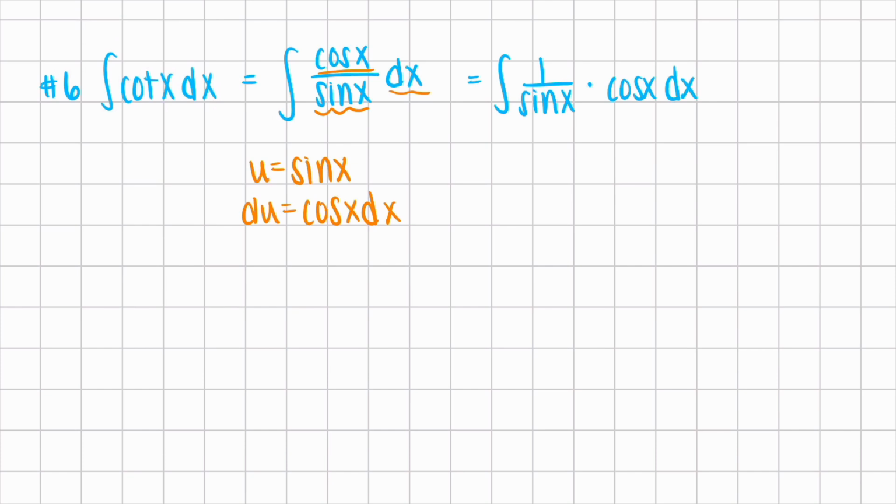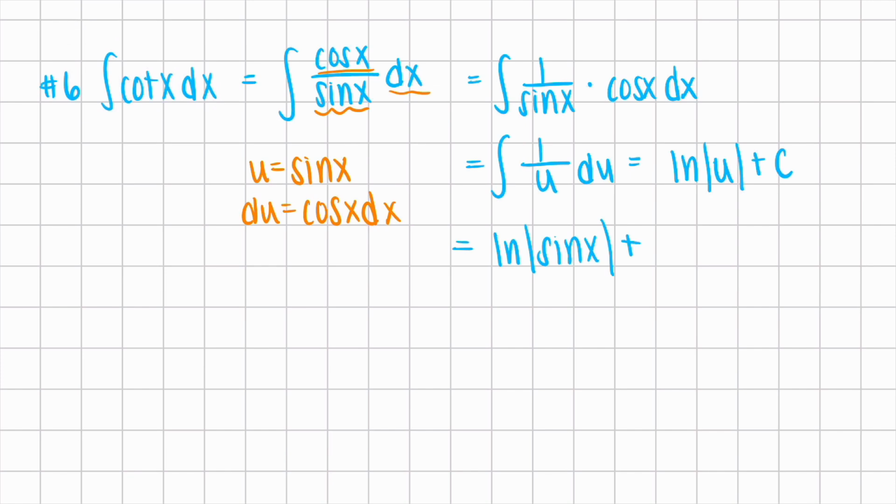So when I rewrite in terms of u, I have the integral of 1 over u du. I do know how to integrate 1 over u. That's natural log of the absolute value of u plus c. From there, I want to be in terms of x, so I'm going to replace u with sine of x. And now you do know the integral of cotangent of x.